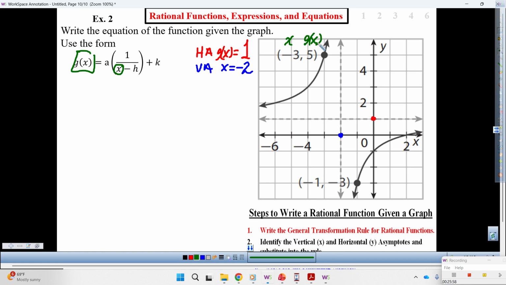So now that we have all our values, we're going to substitute values in here. Instead of writing G of X, what do I write? 5 equals. Focus, please. What was our X? Our X was -3.